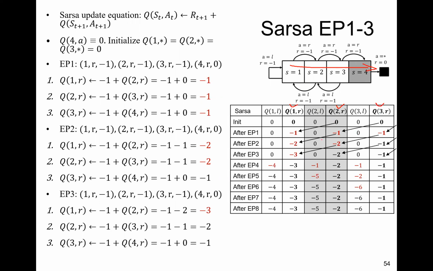So the sequence of updates are these. These look pretty reasonable, because you're following a straight path to the goal, to the terminal state. So Q1R is -3. Indeed, from Q1 you should move right, and it should take you 3 steps to get to the terminal state.